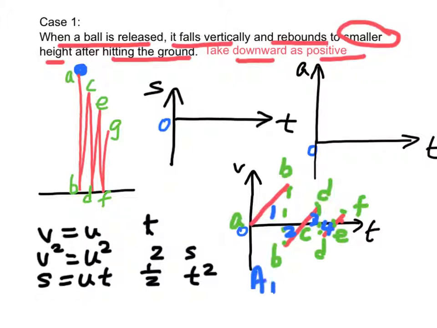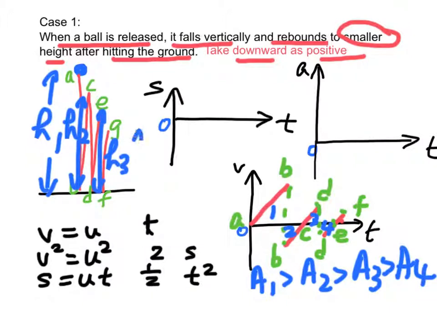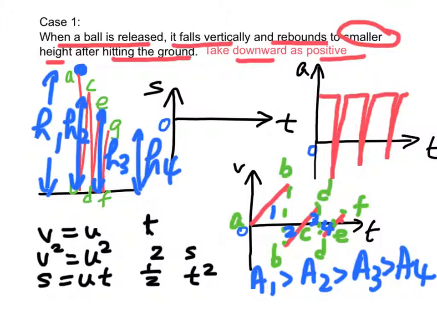That is, A1 is larger than A2, larger than A3, larger than A4, because the height of the ball decreases after each rebound: H1 larger than H2, larger than H3, larger than H4, etc. And the corresponding s-t graph will be like this one.